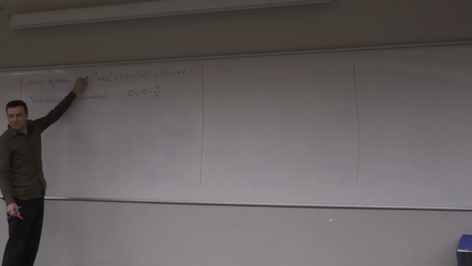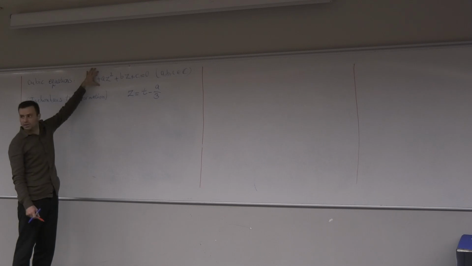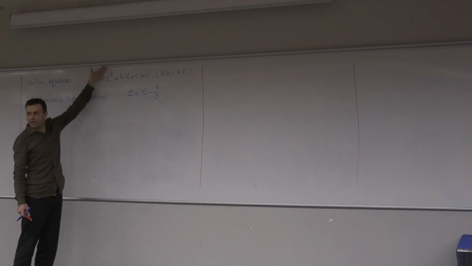We have a coefficient here, but we can divide everything by it since it is non-zero. If it is 0, then this term is already gone, and we have a quadratic equation.